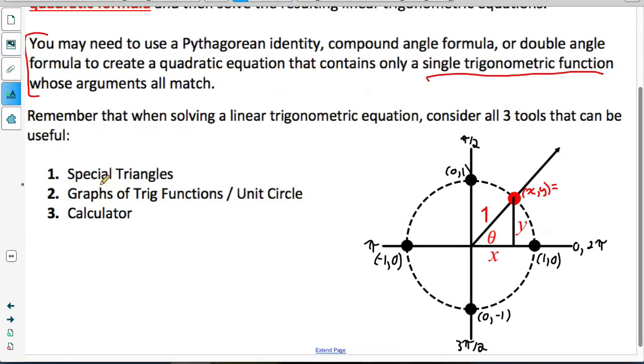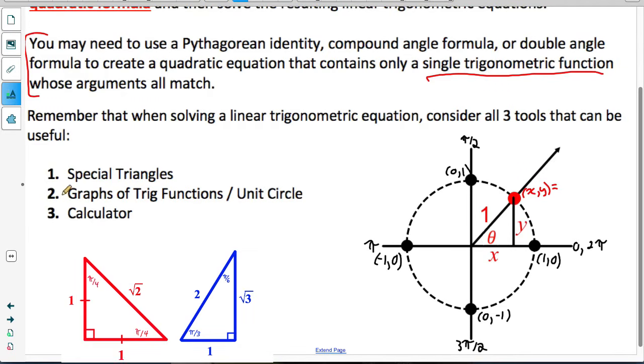Once we've factored our quadratic and set our factors to 0, we're going to have linear trig equations to solve. Remember, when solving linear trig equations, we can use our special triangles, graphs of trig functions, or the unit circle. These methods will help us get exact answers for angles, so use these if possible.